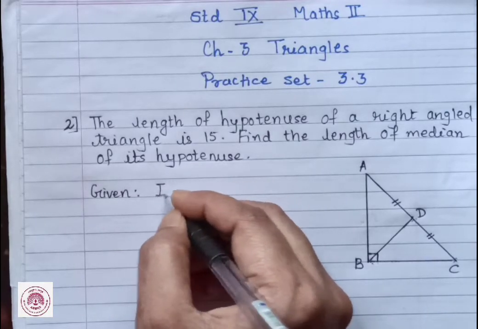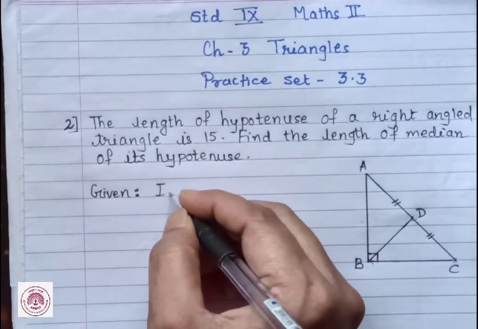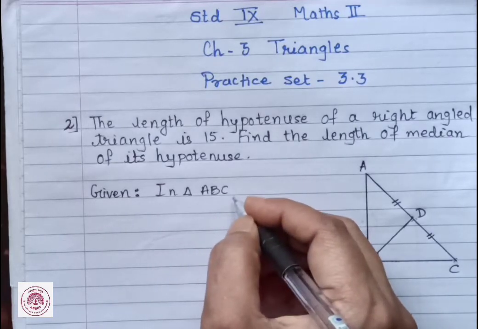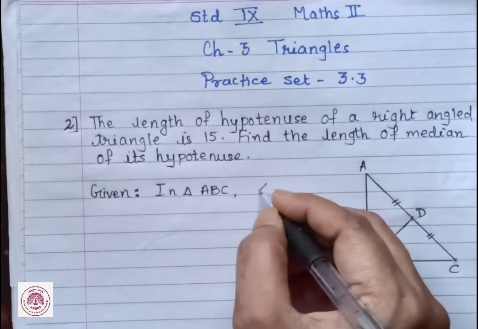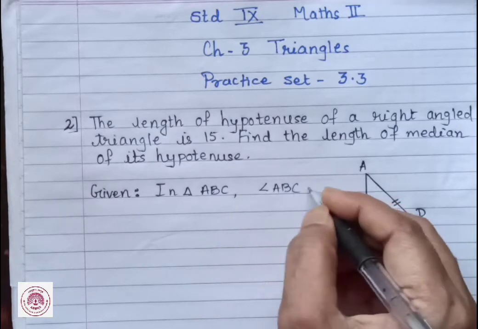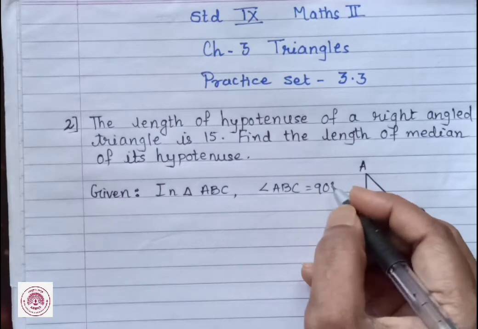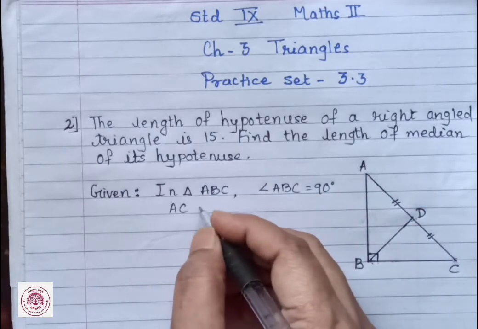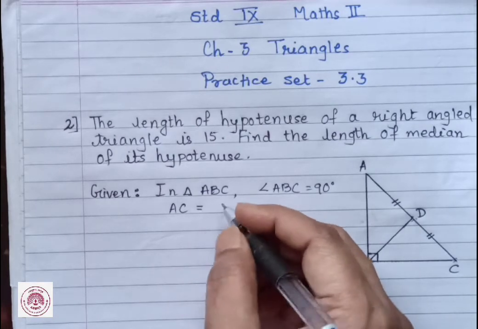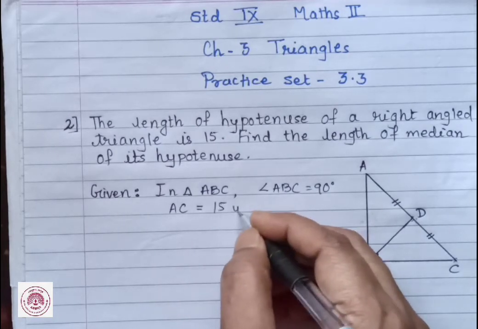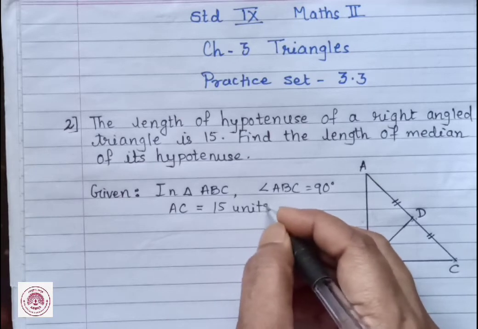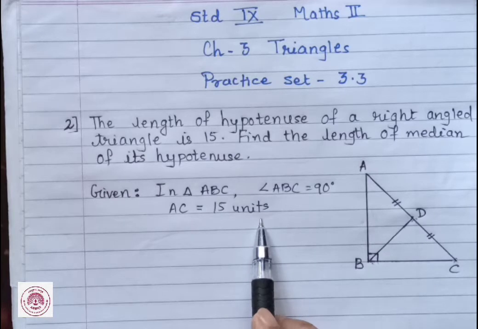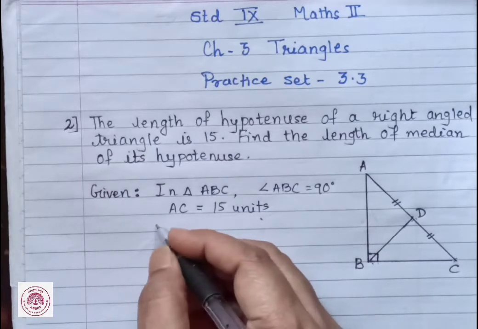In triangle ABC, angle ABC equals 90 degrees. This is given. Also, the length of the hypotenuse, that is AC, is equal to 15 units. This is given. Here there is no unit given like meter or centimeter, so we will write it as units. What else?